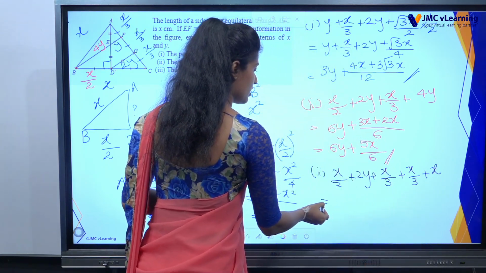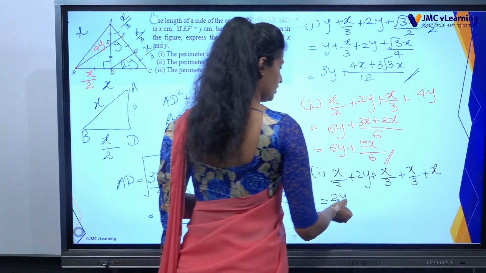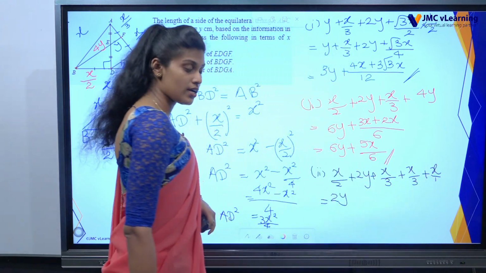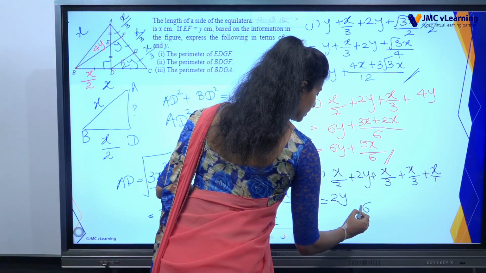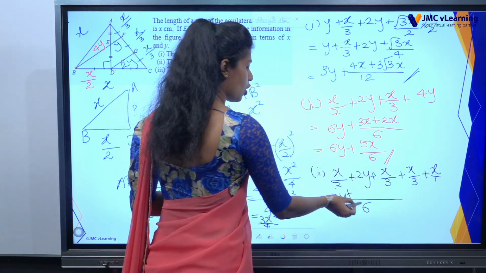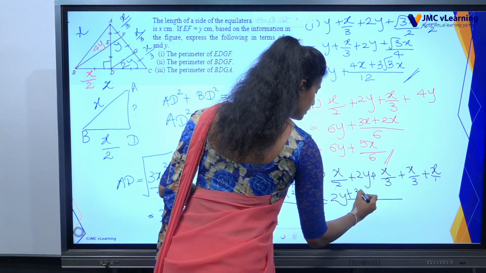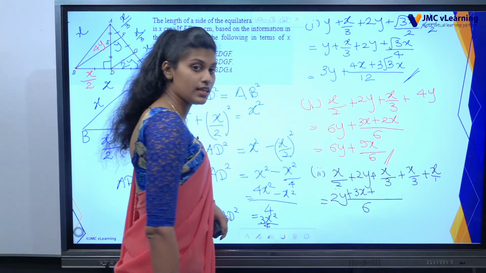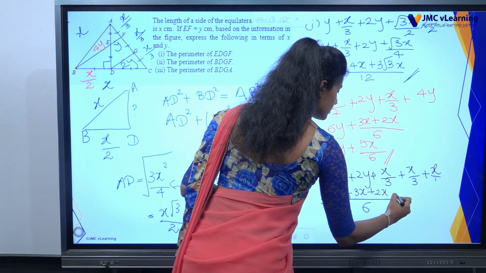Then let's take the answer, only 2y there. Here take the common denominator. Here the denominator is 1. Take the common denominator as 6. Here add. How many 2s in 6? 3. 3 into x, 3x. Add, how many 3s in 6? 2. 2 into x, 2x.